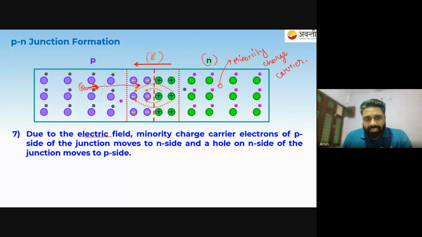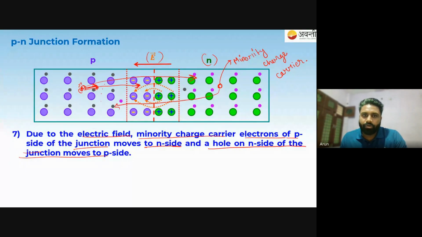Due to this electric field developed by the immobile charges, minority charge carrier electrons on the p side of the junction move to the n side, and holes on the n side of the junction move to the p side.